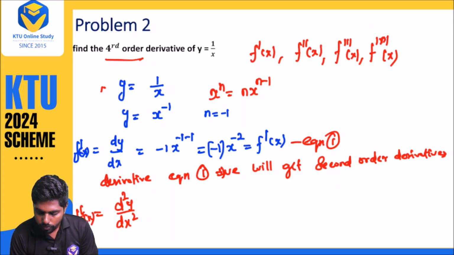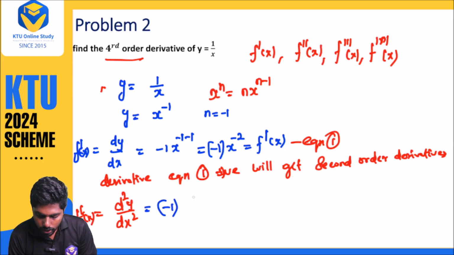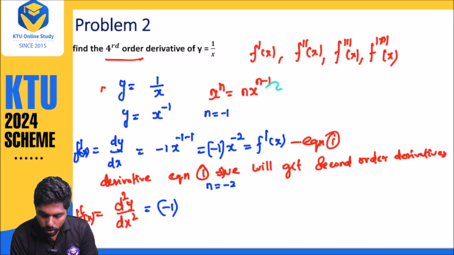So when we are differentiating this, minus 1 is a constant, so you take it outside. Now x power n, what is n here? n equal to minus 2. The formula is n into x power n minus 1.